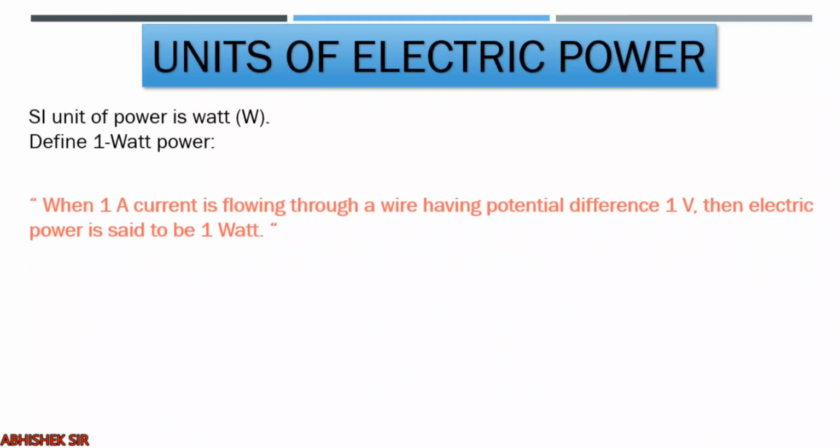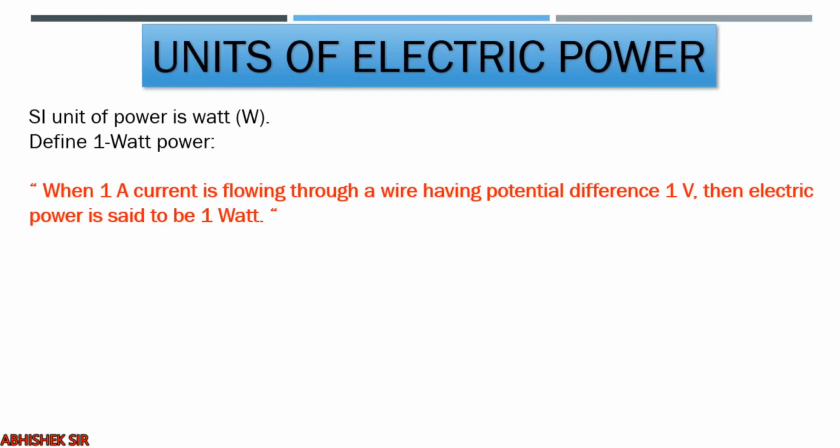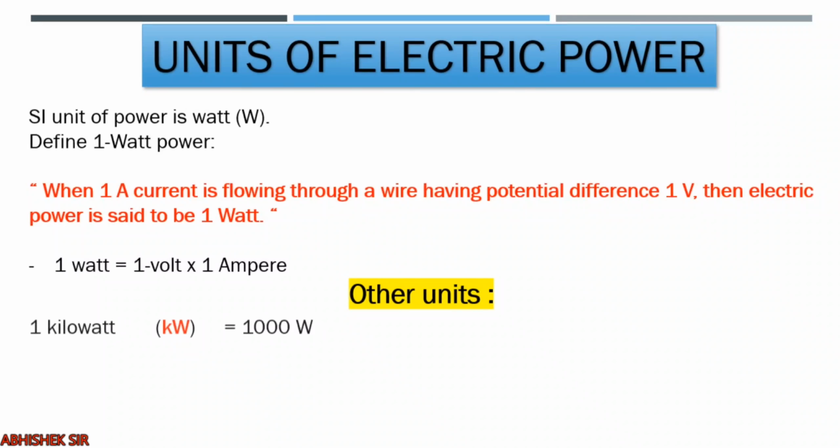In the same way we have a definition of 1 watt power: when 1 ampere current is flowing through a wire having a potential difference of 1 volt, then the electric power is said to be 1 watt. Very simple. 1 watt equals 1 volt into 1 ampere.